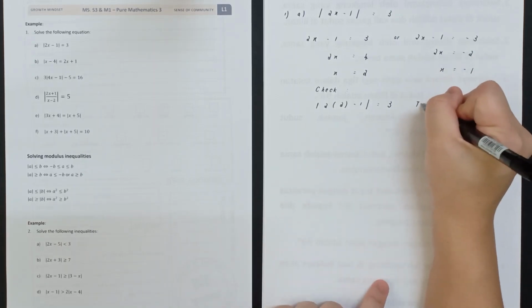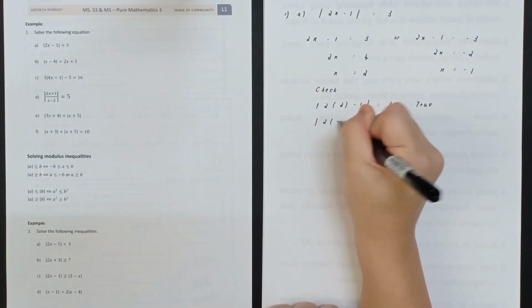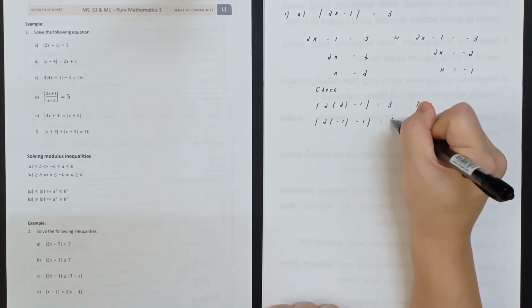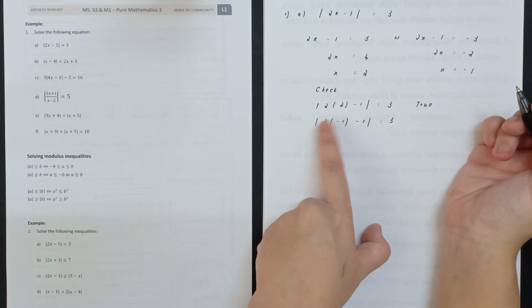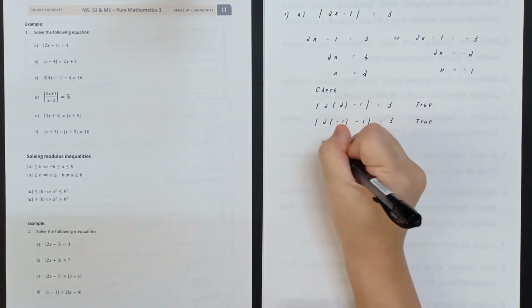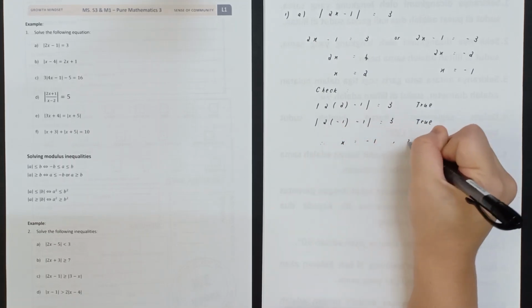So this is true. For x equals -1: -2 minus 1 gives -3, after the modulus you get 3. So this is true as well. After you check, only then can you say the answer is x equals -1 or x equals 2. This is what you need to do.